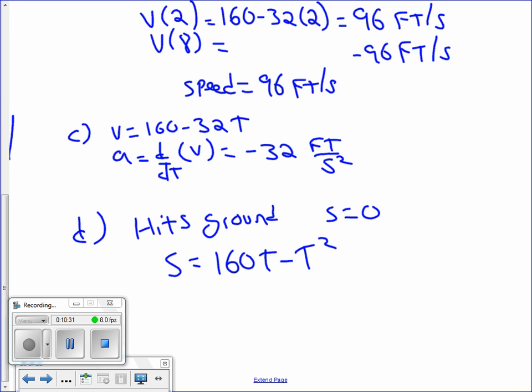So what I'm going to do is set the position equal to 0, and I can solve that, and I get 160t minus 16t squared. So I'm going to factor out my 16t, 10 minus t.